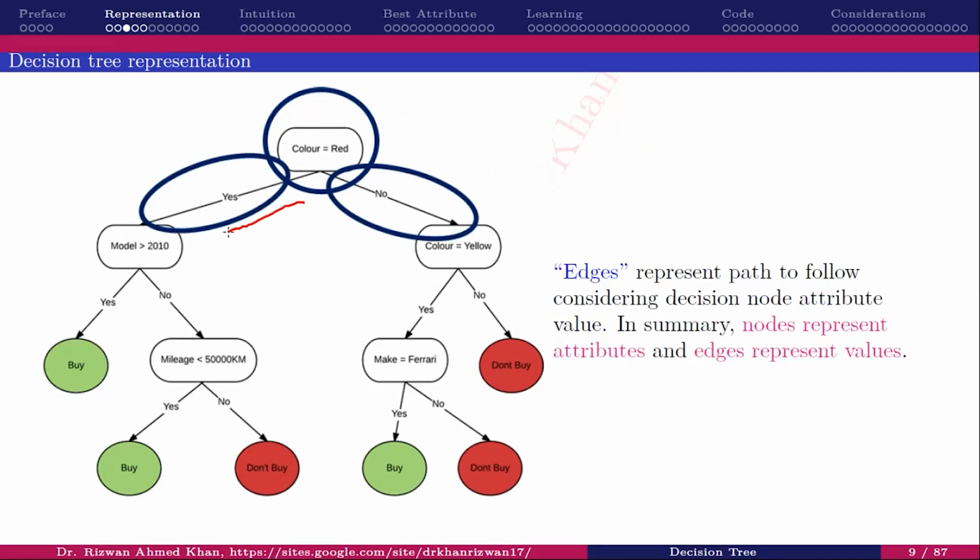These are called edges. As you have learned in data structures, these are edges of a tree, and edges represent the path to follow considering the decision node's attribute value. So if this is true, go to the left, otherwise go to the right. In summary, nodes represent attributes and edges represent values. Based on the value, you do something.